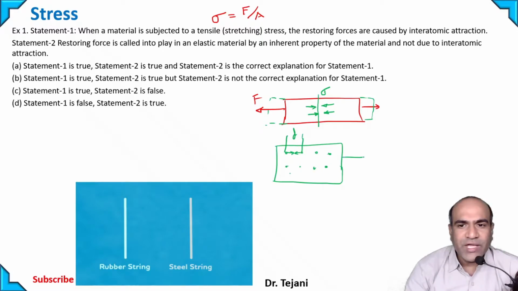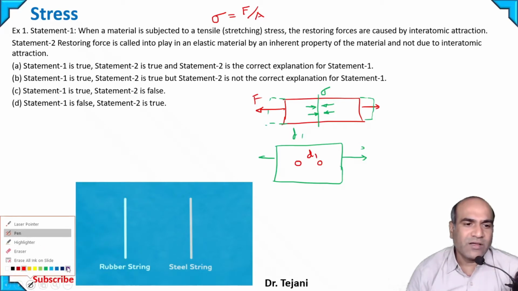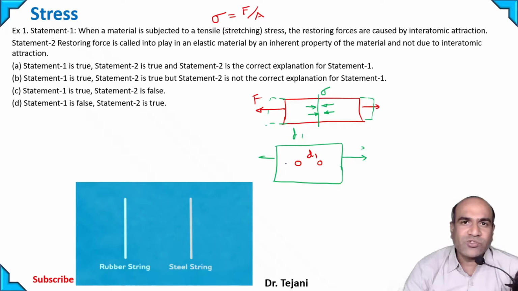So when we stretch this material, what happens? There is an increase of gap. Let us just consider very few molecules, say two. Initially, before stretch, there was a gap between two molecules, and it has attraction between them. When there is a stretch, or increase of length, the molecules also go apart, say up to this level, so the gap increases.